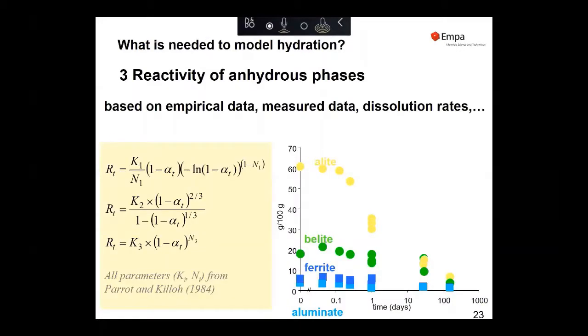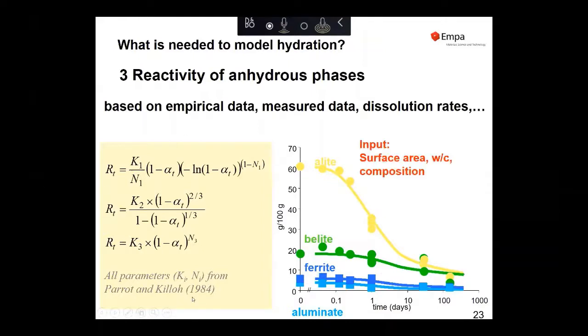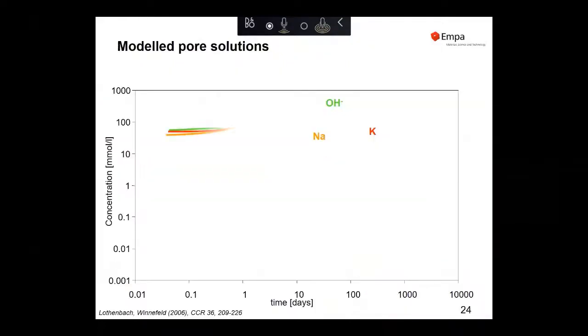We need a model to follow the reaction of the anhydrous phases. There is a very simple one from Parrot and Killoh, and there we need as input only surface area, water cement ratio, and composition. And we will also come back to that later this week.